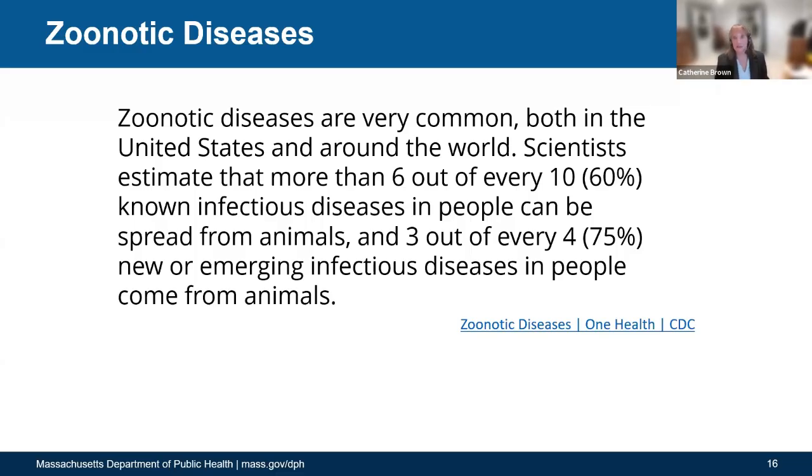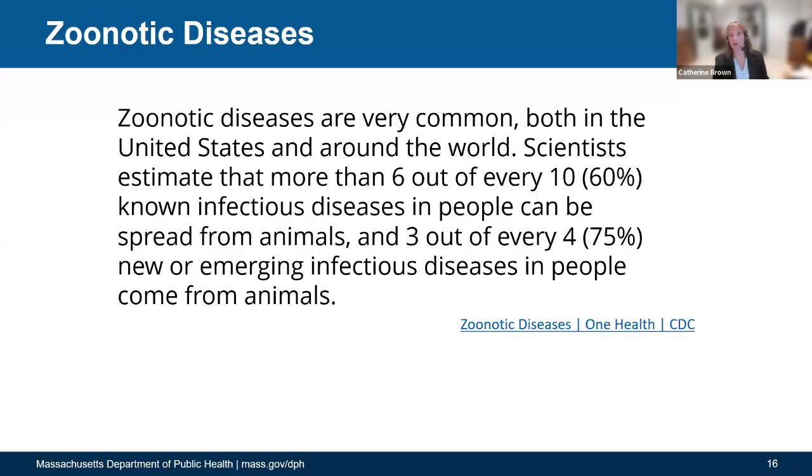These are diseases that are transmissible from animals to people. And they are very common both in the US and around the world. And this statistic, you can find almost everywhere. Scientists estimate that about 60% of known infectious diseases in people can be spread from animals.